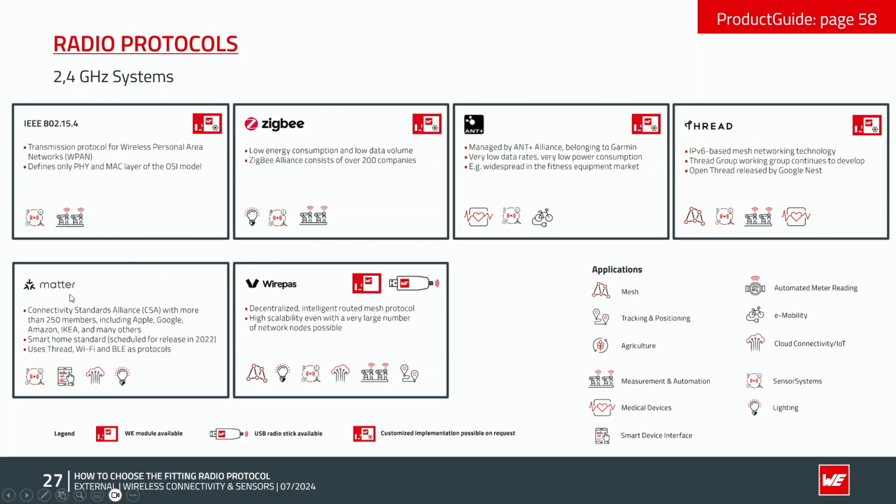Both are very popular for a while because big players like Amazon, Google, Apple, Samsung and others are pushing hard to have a smart home standard, and it's based on Thread, and on top of Thread also Matter is the application layer there, and all is using so far the 2.4 gigahertz radio frequency.